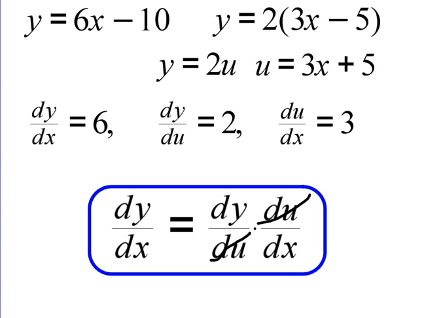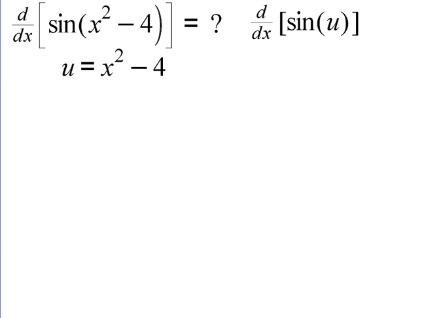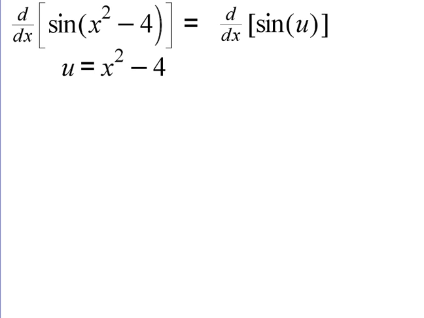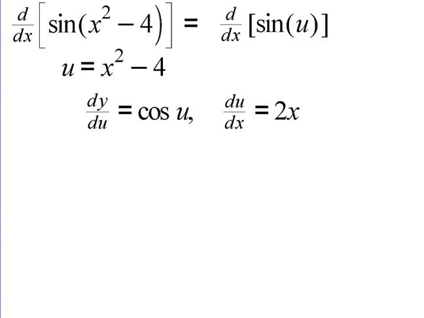So let's revisit our function of sine of the quantity x squared minus 4. If that's going to be our function, then let's redefine it, given that u is equal to x squared minus 4. So now we're looking for the derivative of sine u. Let's take a look at the derivative of y with respect to u.